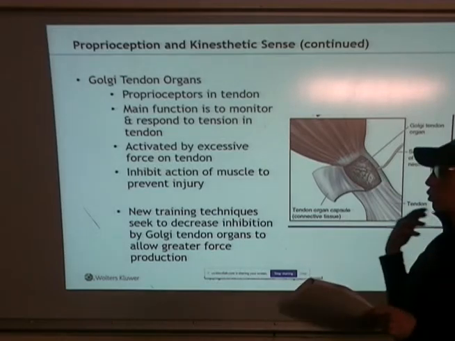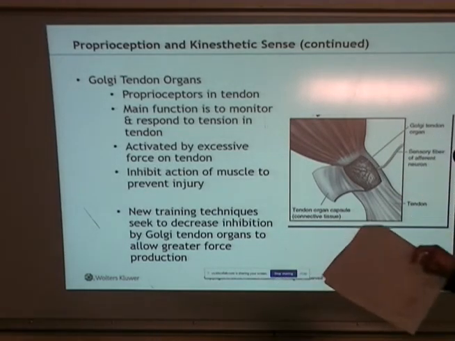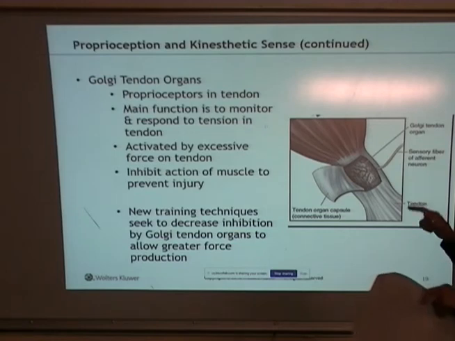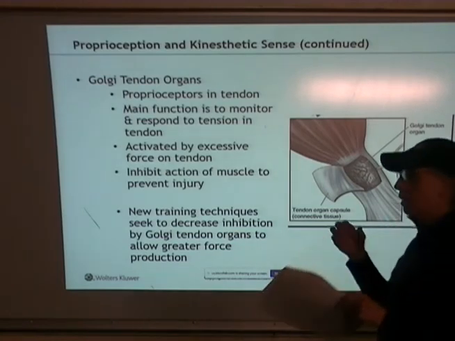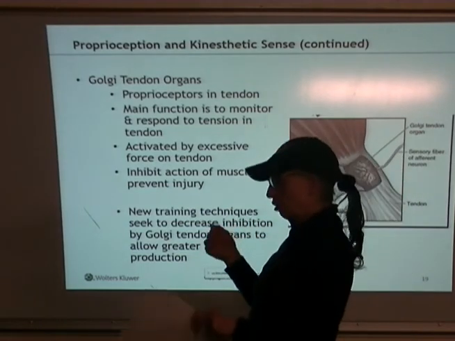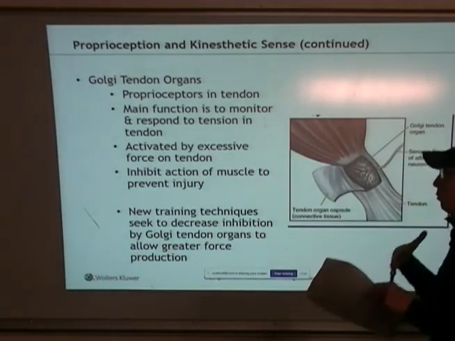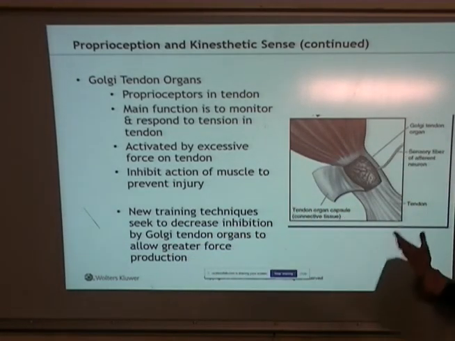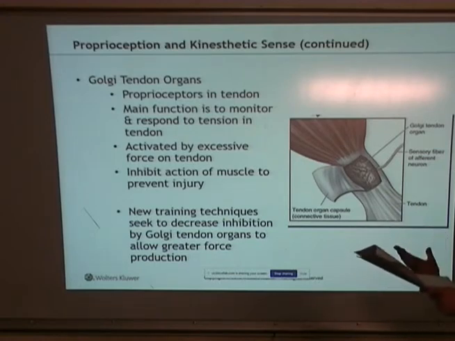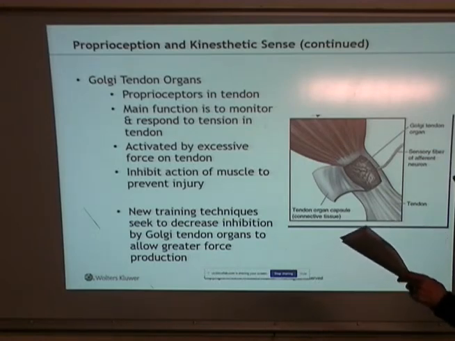So when we're training, we're not just training the muscle tissue, we're training these proprioceptive pathways as well so that they're more resistant to fatigue, and then we can produce optimal performance more often, right?